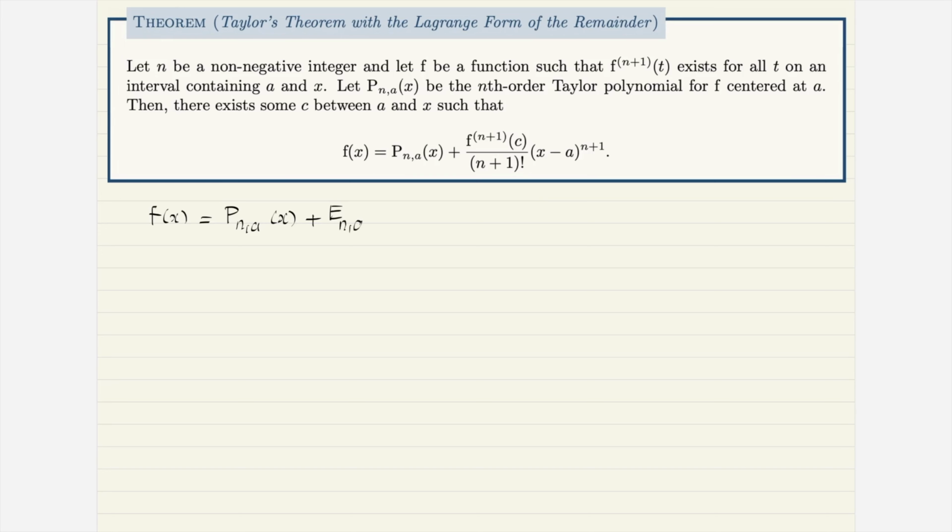In some books, of course, they denote it by capital R for remainder, but I'm following your course book. So this is Taylor's formula. This formula is called Taylor's formula, and that is Taylor's theorem. If I want to suppress a's, this can simply be written as P n x plus E n of x. So this is Taylor's formula.